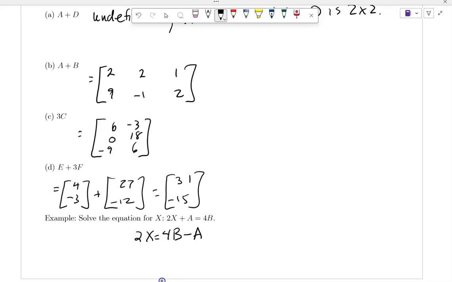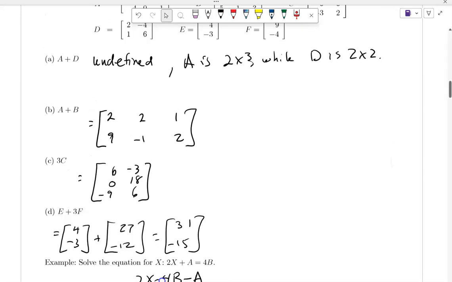Right? And then to get x by itself, we would divide by 2. I'll write it as multiplication by a half to start with. So notice that this would tell me to first take 4 times b, then subtract the a, and then multiply every entry by a half. Right? Okay.